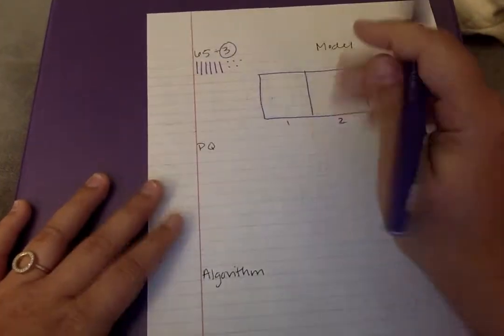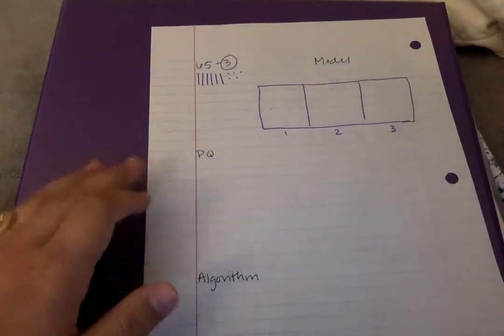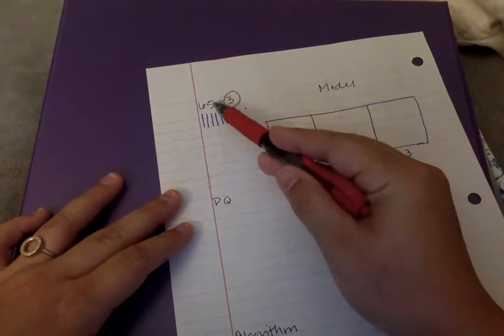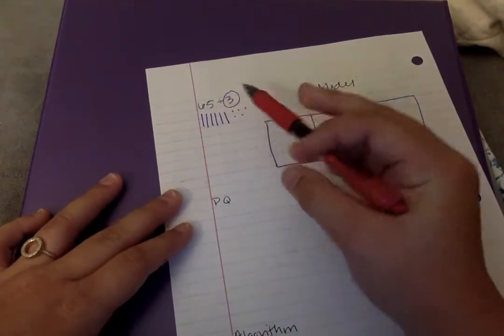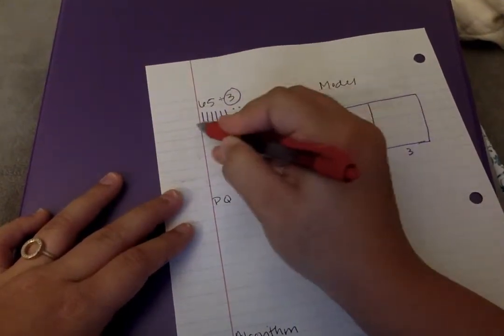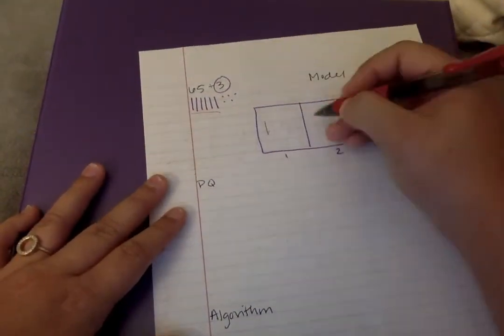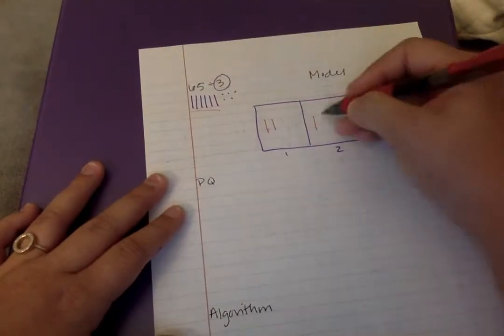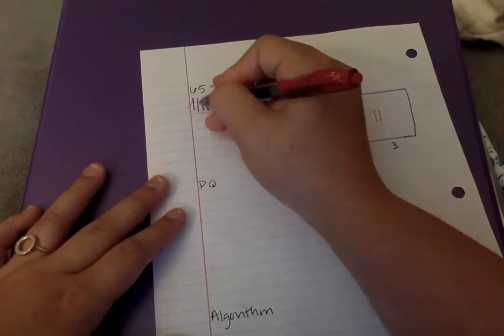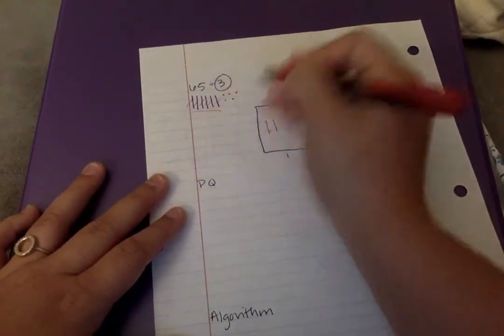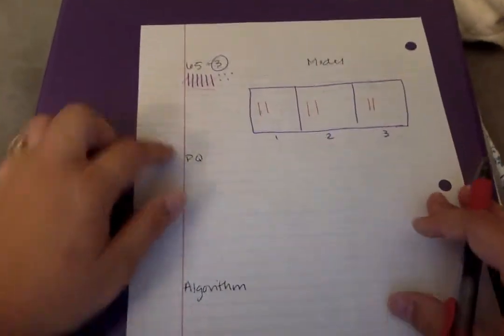2, 3. So we know that 3 can go into 6 evenly 2 times, so these 6 sticks can go into these 3 blocks twice. So 1, 2, 3, 4, 5, 6. So that should be all of 1, 2, 3, 4, 5, 6. That crosses out evenly.